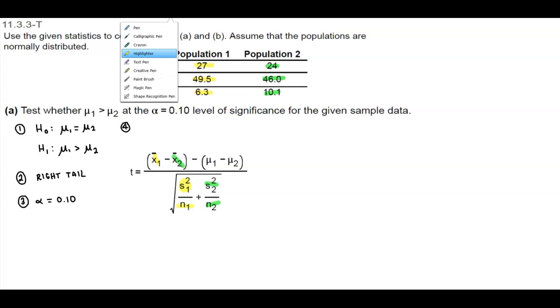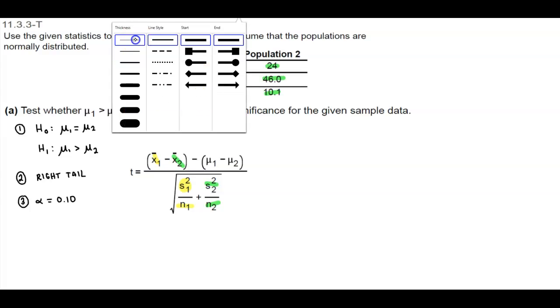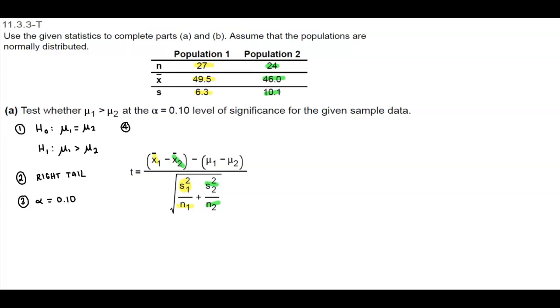We also know that mu1 is equal to mu2, and if we subtract mu2 from both sides, then mu1 minus mu2 equals 0. So now we can find the test statistic. Sample mean 1 is 49.5 minus sample mean 2, which is 46.0, minus 0, since mu1 minus mu2 is equal to 0.